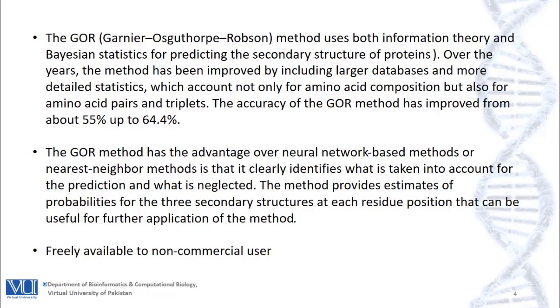So this method provides estimates of probabilities for the three secondary structures at each residue's position that can be useful for further application. And this tool is freely available for non-commercial users.